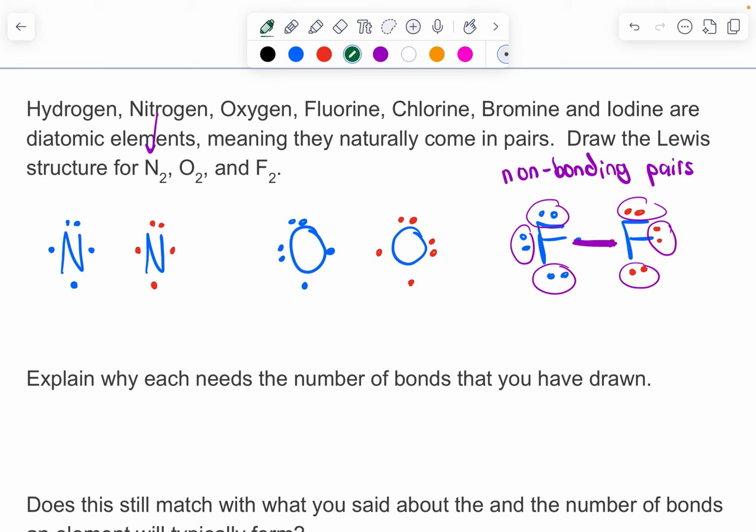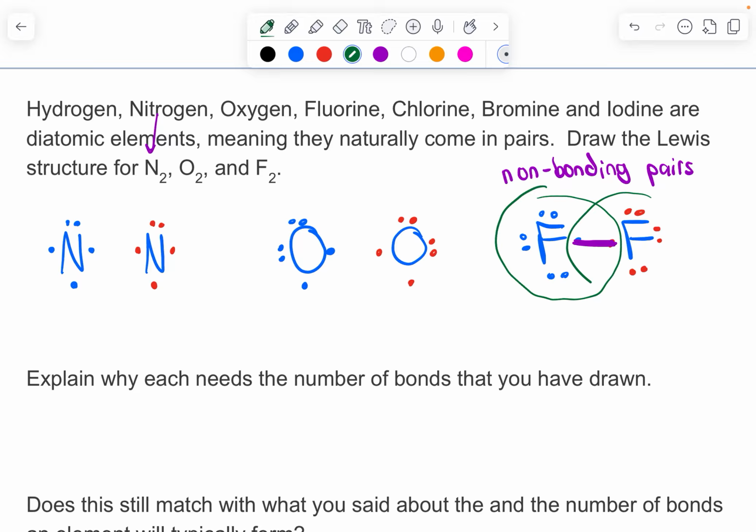And now when we look at it, let me erase some of these. When we look at it, we can claim that bonding pair for both that fluorine as well as for that one in order to count up their octet, okay? To say, is the octet satisfied? We get to double count that bond.